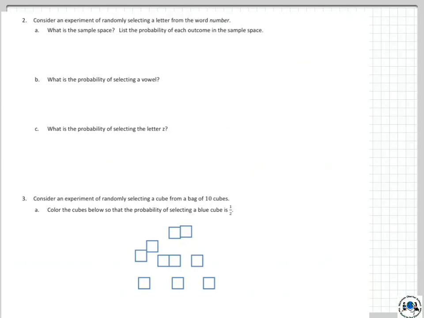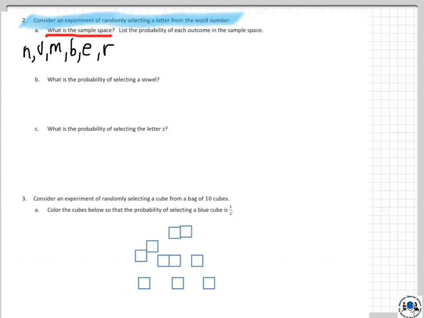Okay, there we go. So we are going to consider an experiment of randomly selecting a letter from the word number. We did this before with the word probability, but in the word number, we do indeed have a sample space of number. We do have one possibility for each of those letters.